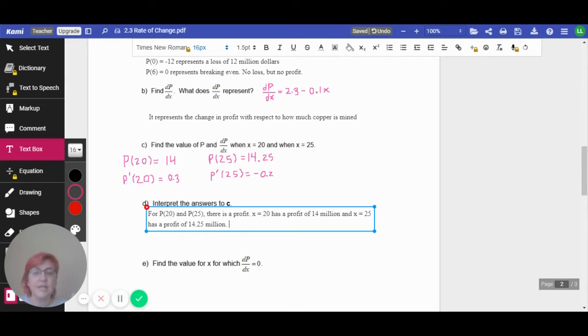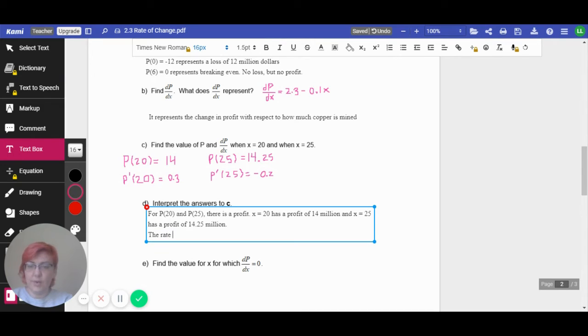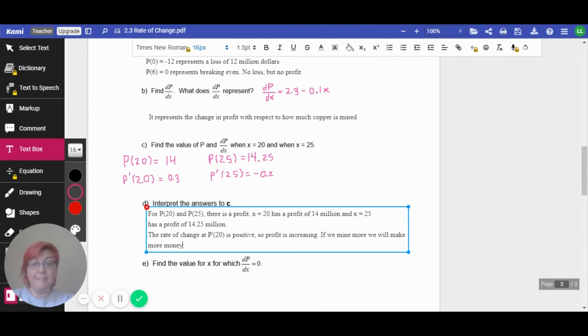Well, remember, we said rate of change. The rate of change at P prime of 20 is positive, so profit is increasing. If we mine more, we will make more money.